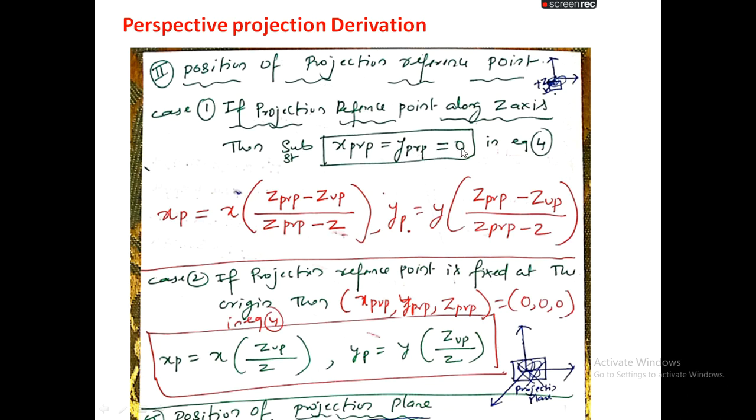It means when the projection reference point is along the z-axis, we need to consider the x and y coordinate values equal to 0. Hence, substitute x projection reference point and y projection reference point equal to 0 in equation number 4.